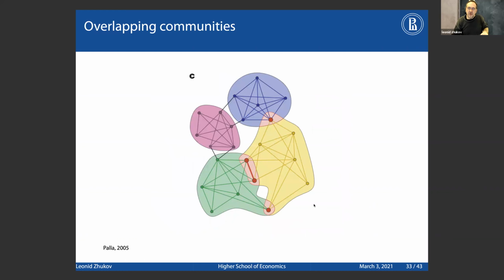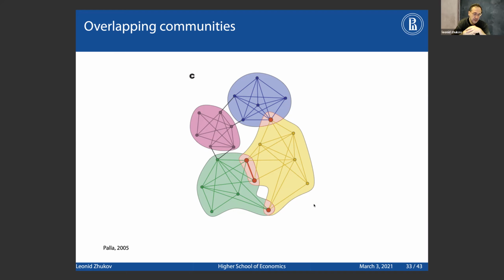All right, so we talked about the algorithm that allows us to detect communities when you have non-overlapping communities, where you put every node into a single community. Now, if we have overlapping communities, so we have a node that sits on the intersection of two communities, those methods where we look for edges are not going to work anymore.